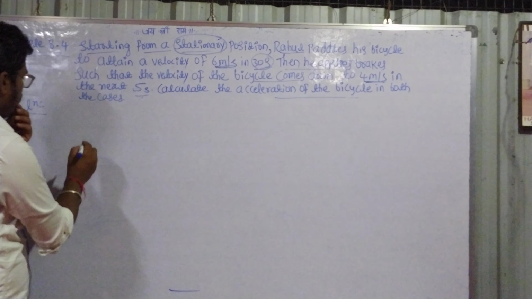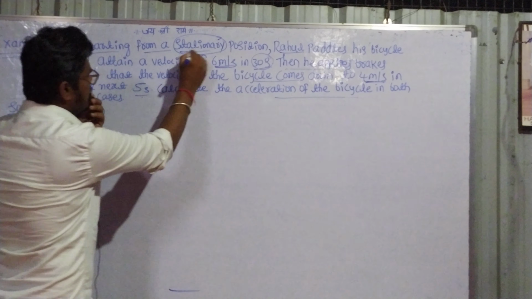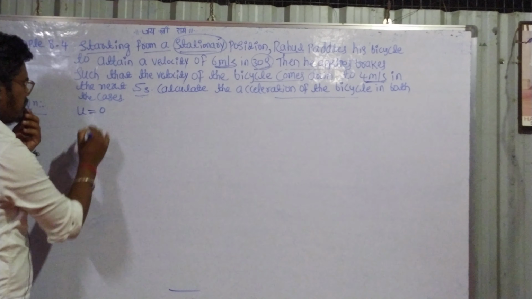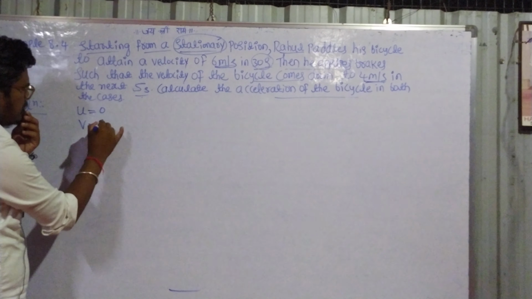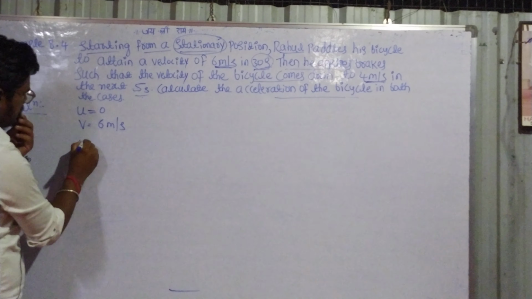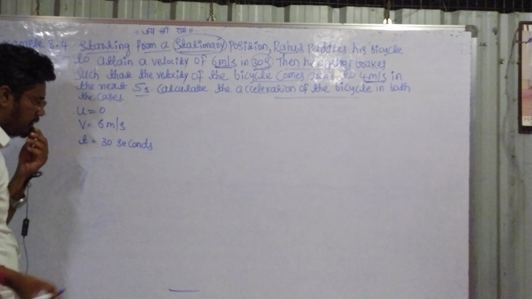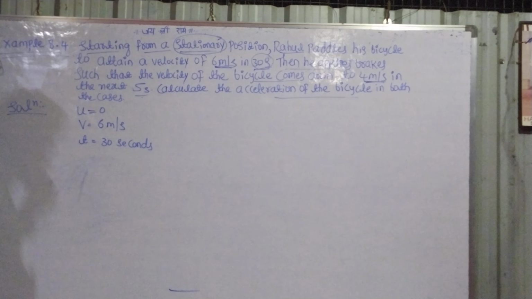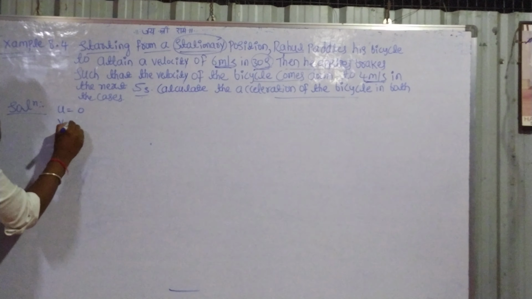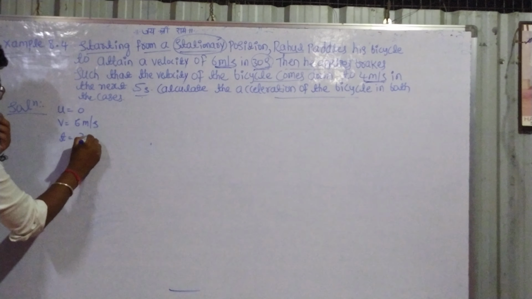So first case, what is here? Initial velocity u is 0 because it is stationary. Stationary means a rest position, so velocity will be 0. Final velocity is 6 meter per second, and time is 30 seconds.